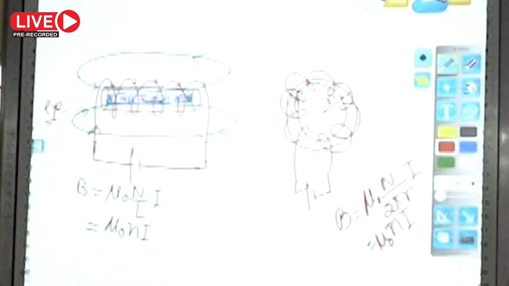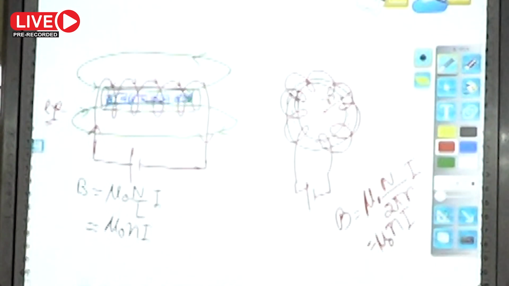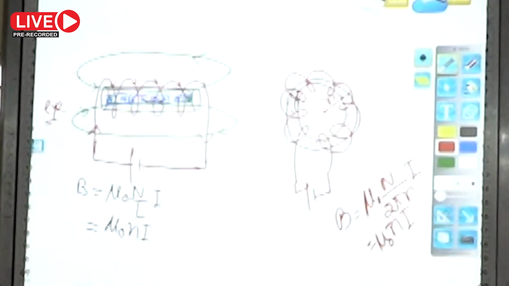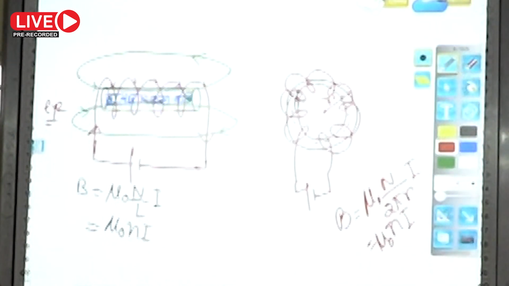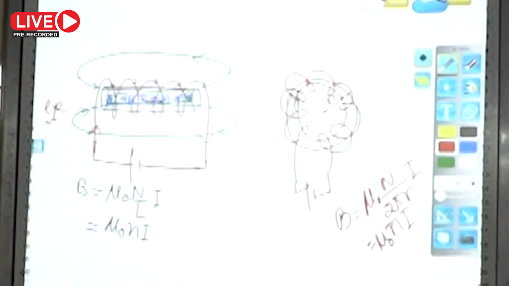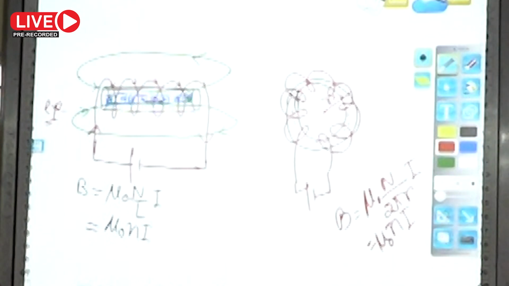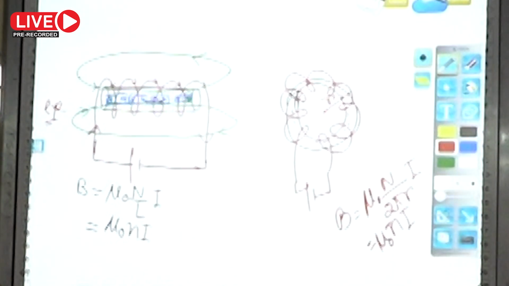That one is called a solenoid, this one is called a toroid. Basically the same thing. So for the toroid, the radius is given, don't get confused, because from that you can calculate 2 pi r, which is actually the length. Then N by 2 pi r will give you small n, and just put mu naught n I and you can find the field for the toroid.